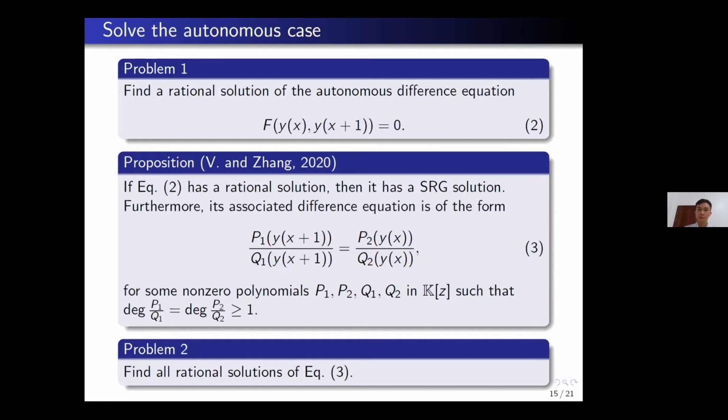This proposition is just a particular case of the previous theorem when we derive the general first order AO delta E. And the problem now is to find all rational solutions of equation number 3. That means the separable one. How to find rational solutions of equation 3?